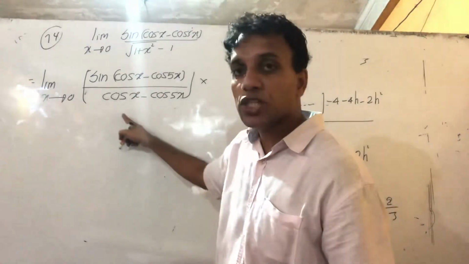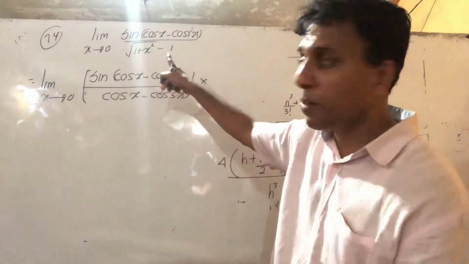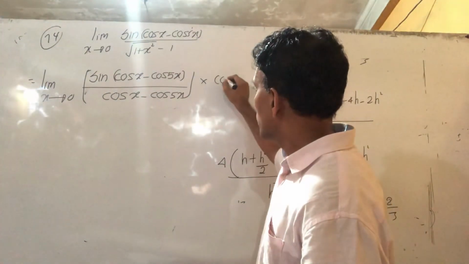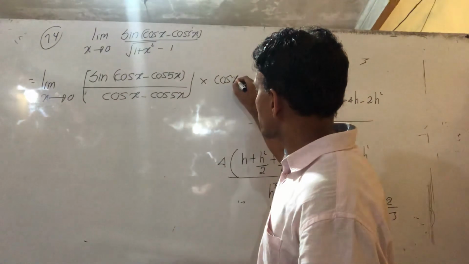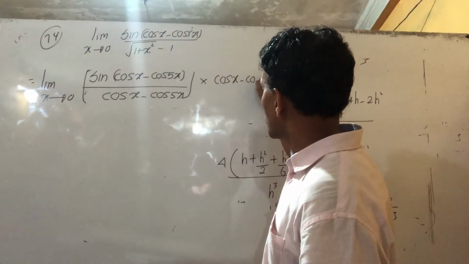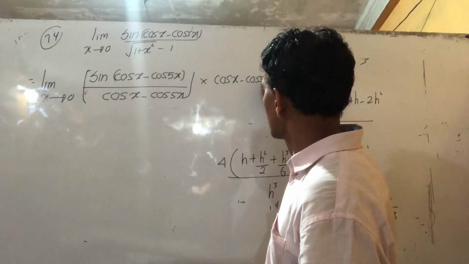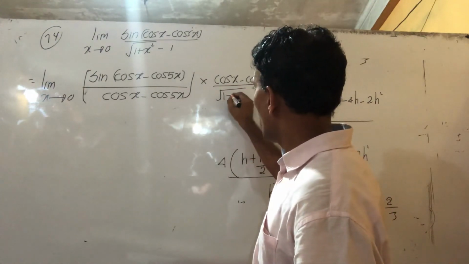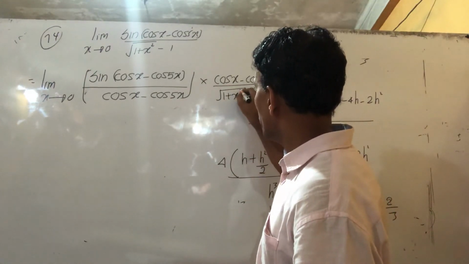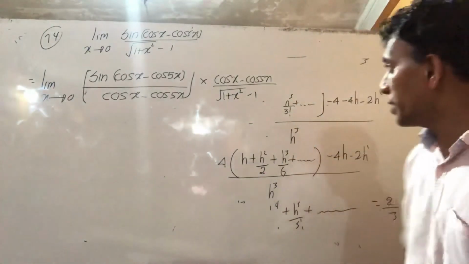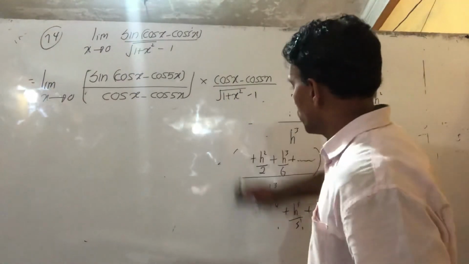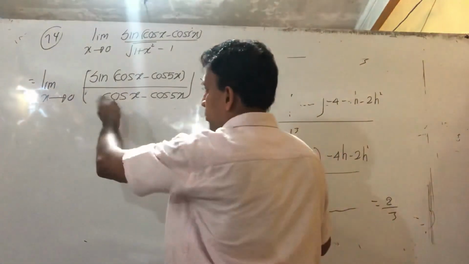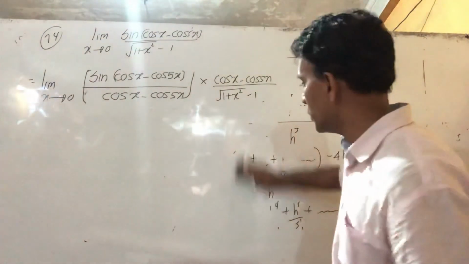This, I mentioned, is not in the original problem. Divide by that, therefore multiply to remove that. Cos x minus cos 5x over square root of 1 plus x square minus 1, right? Now do this one. The sine theta over theta answer is 1, and when x is 0, cos theta is 1, minus 1 is 0, right?